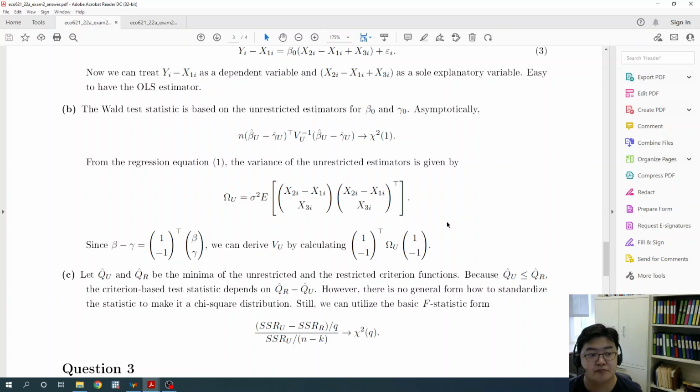In the end, the F statistic is one example of a criterion-based function in the least squares case, with the restriction on the coefficient. So we can apply that, and that's how we obtain the asymptotics.